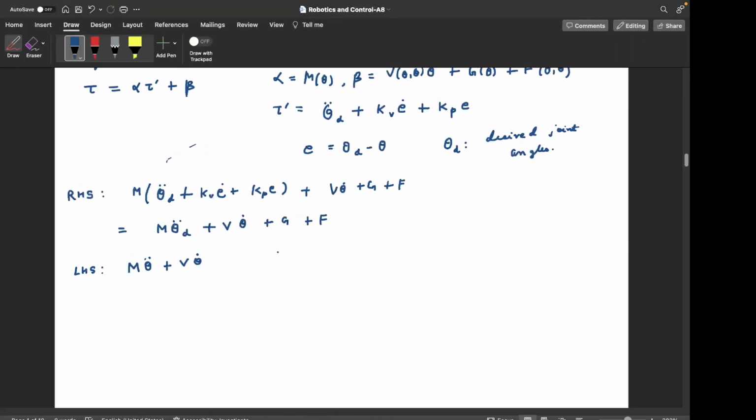Okay, so plus G plus F, right? And so if we equate the LHS and RHS, oh, I missed some terms here. Kv e dot plus Kp e, M times, let me rewrite.